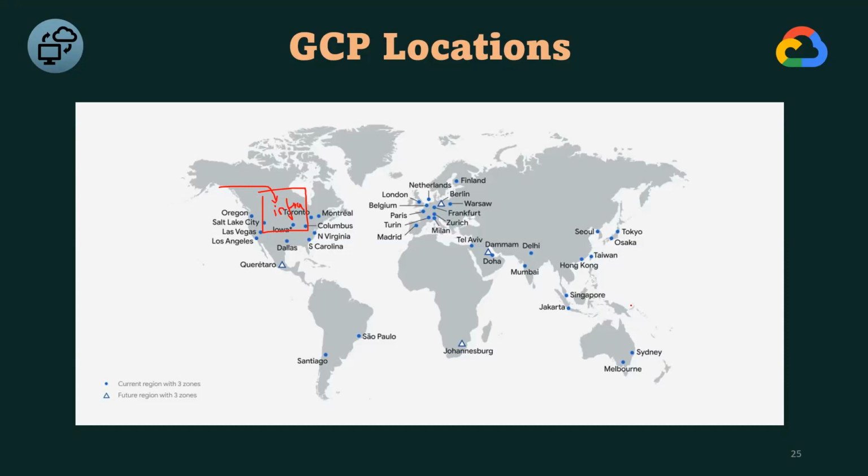What will happen, sir? Assume you are from India and you want to deploy on Google's infrastructure. You have to deploy your application all the way from India to North America.